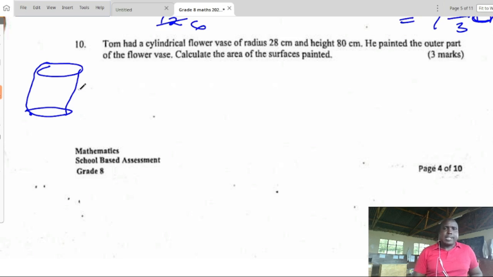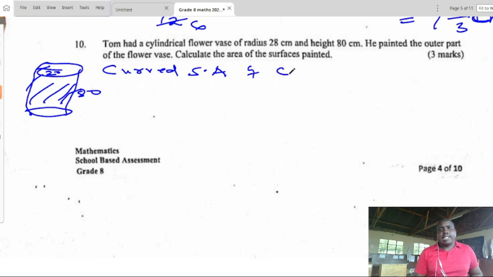So the height is 80 and the radius is 28. This is the surface which has been painted, only that surface. So here we are going to calculate the curved surface area of a cylinder.